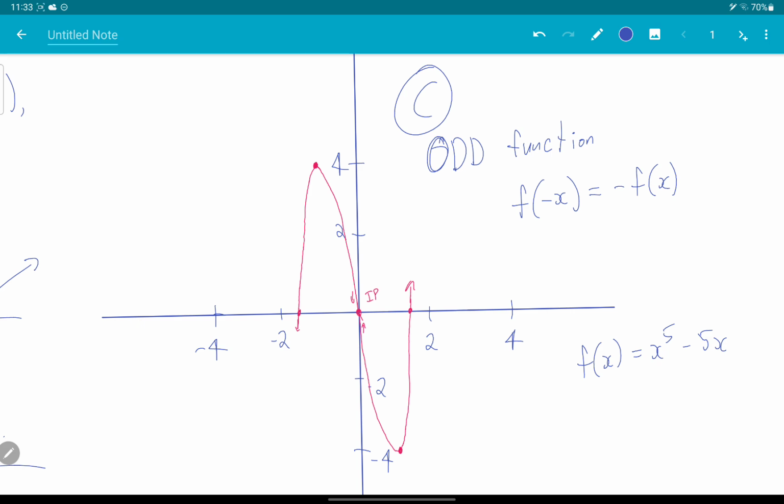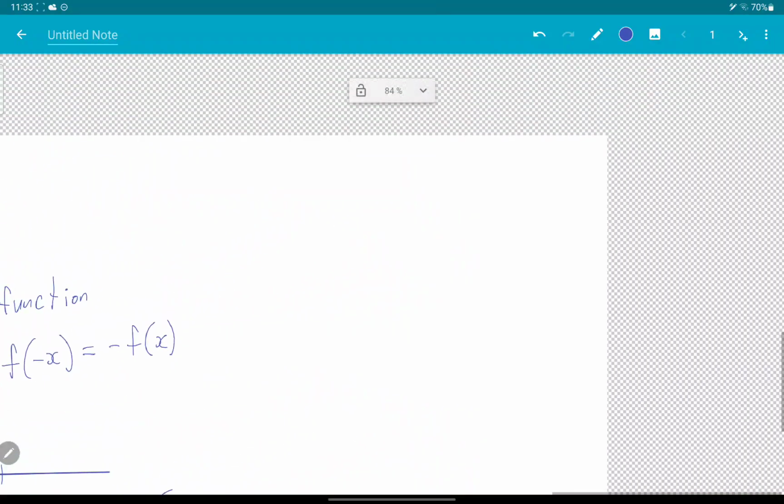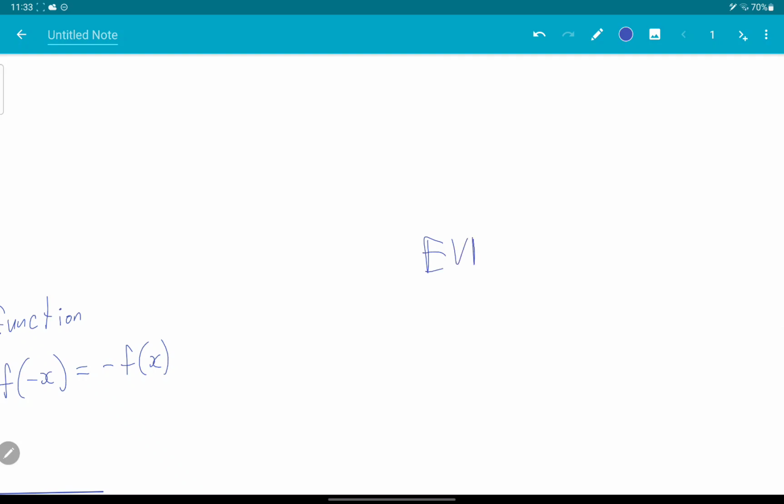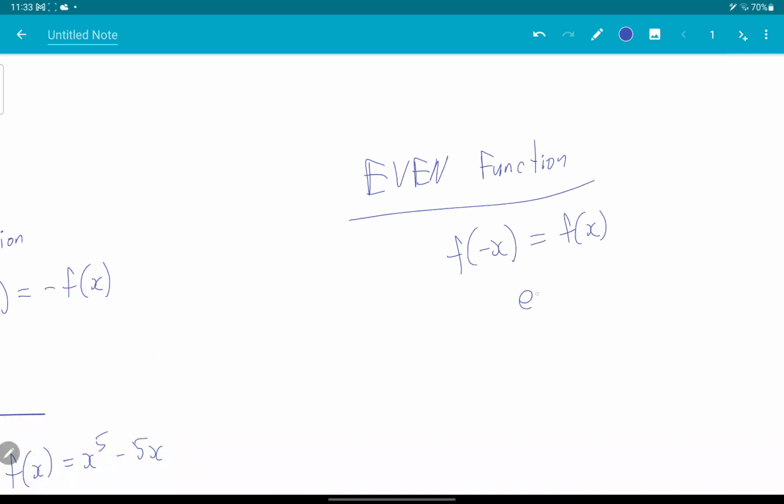Okay, there's also something called an even function. An even function would be if f of negative x is equal to just f of x. An example would be f of x equals x squared.